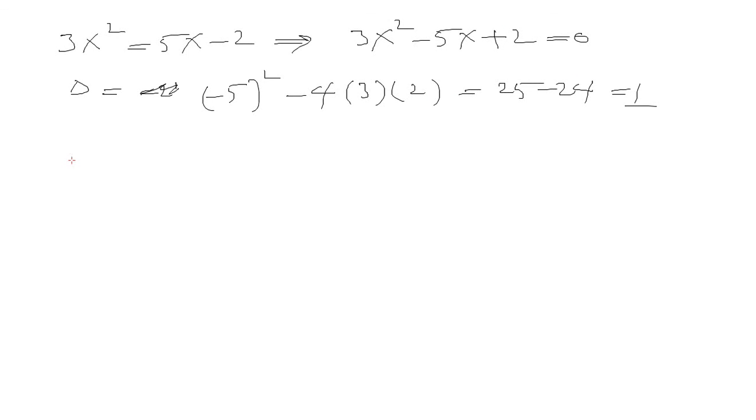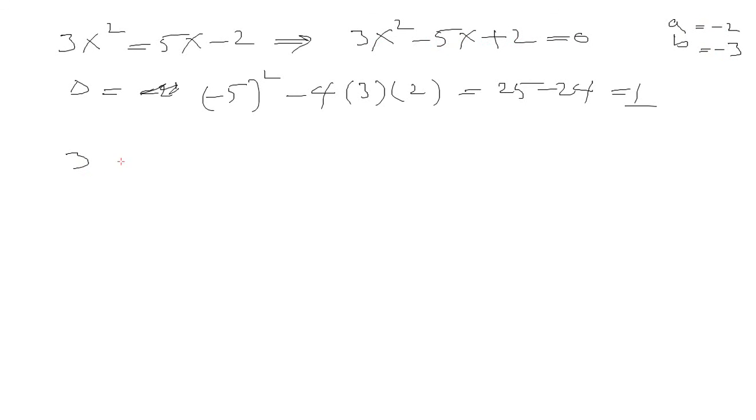In order to factor this, I'm looking for two numbers a and b so that the product ab is 2 times 3, 6, and the sum is -5. The two numbers are -2 and -3, because the sum would be -5 and the product would be 6.